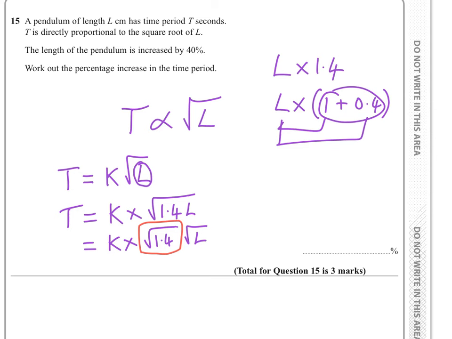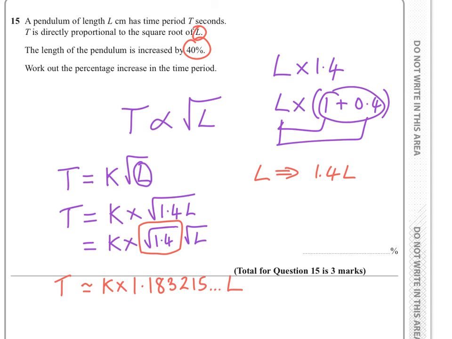And I get something of this nature. I get 1.183215 and so on L. Now to me, I think that tells me the answer, because if you started off with it increasing by 40%, this is L increasing by 40%, then L becomes 1.4 times what it started as.